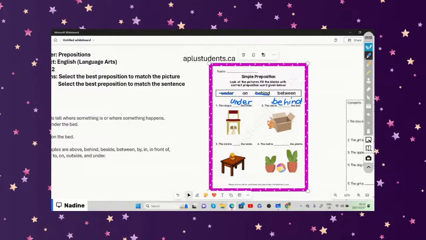Now if we look at where the bird or the little squeaky duck is, we can say it is on the table, which means that our preposition is on, because it shows where that little bird or duck is.